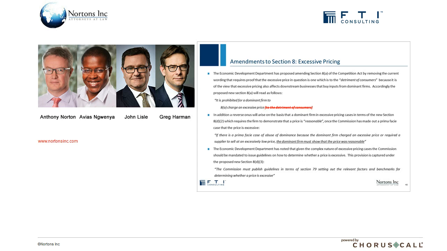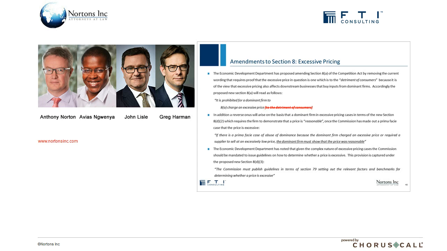And this creates, I think, quite a difficult onus for the dominant firm, because there's a difference between the Commission having to prove that a price exceeds economic value and that there's no reasonable relationship to economic value. That, in a sense, is quite a high threshold for the Commission to discharge. But for the dominant firm to show that its price is reasonable is altogether a different test, because we then start getting into terrain more similar to Europe.